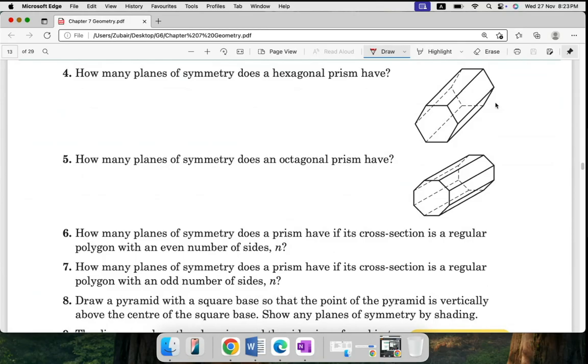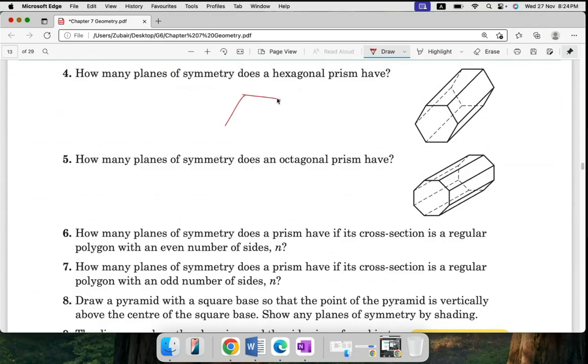Sir, 3. It is not 3. No. 8. 7. Oh, yeah. 7.